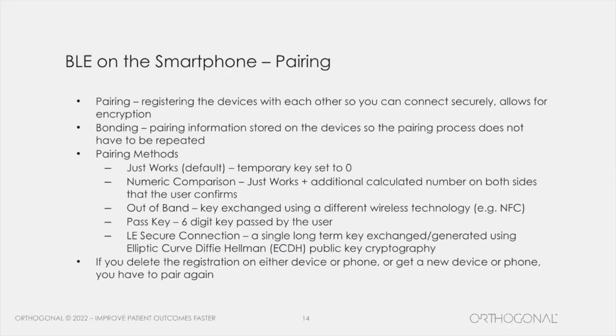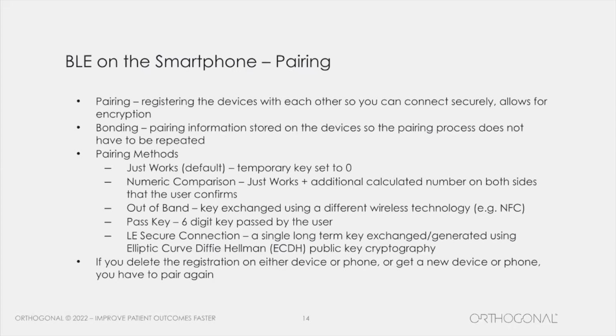We've done apps in some rare cases where there is no bonding and you have to pair every time. It's not very convenient to have to go through the full pairing process. If you are bonded, then it can do those types of things automatically.